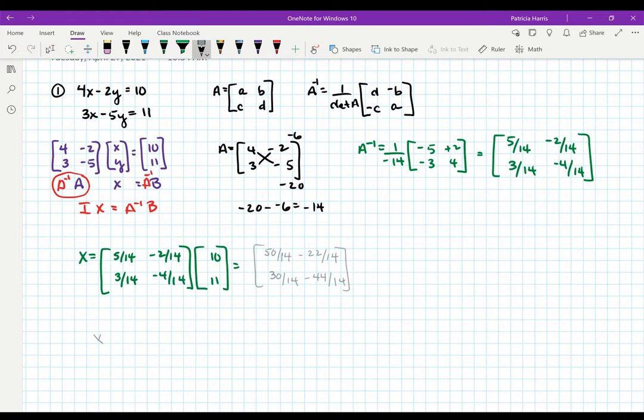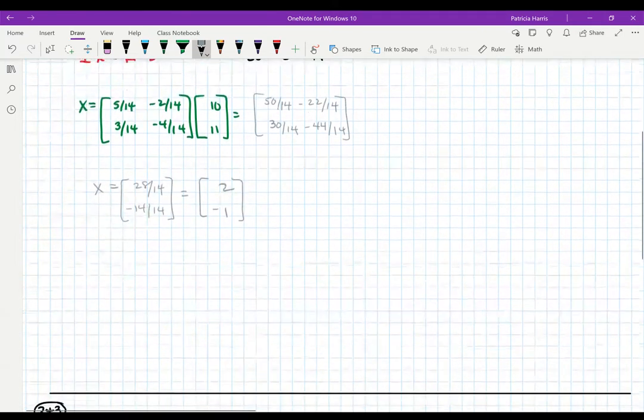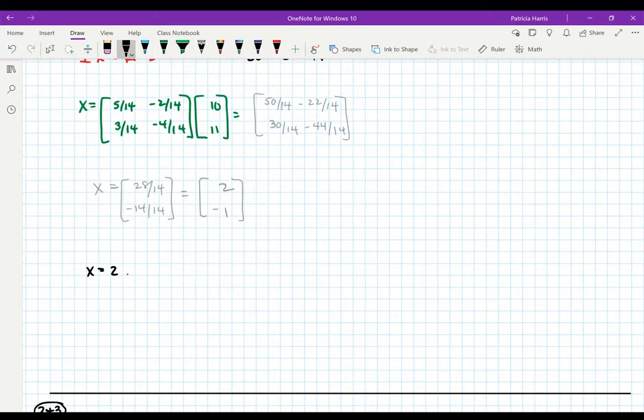If I do my simplification, I get my variable matrix X is equal to 28 over 14, then negative 14 over 14, which is equal to 2, negative 1. So that tells me that my solution is X is equal to 2, Y is equal to negative 1.